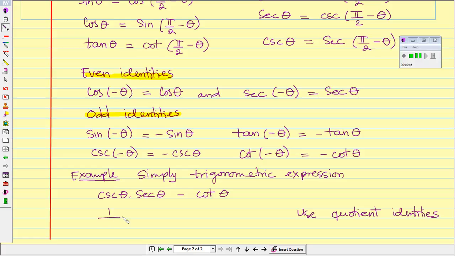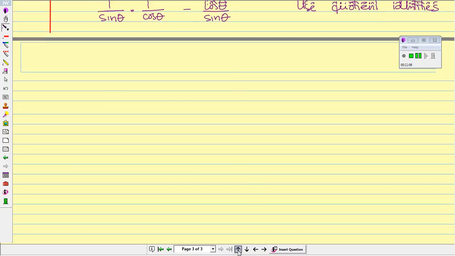Then cosecant, we can substitute for 1 over sine of the angle theta. Secant, we can substitute for 1 over cosine of the angle theta. And cotangent, we can substitute for cosine theta divided by sine of theta.